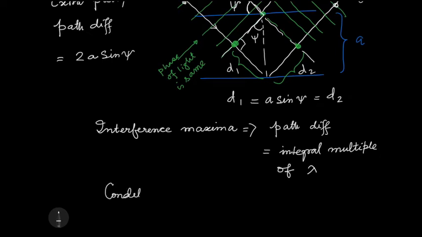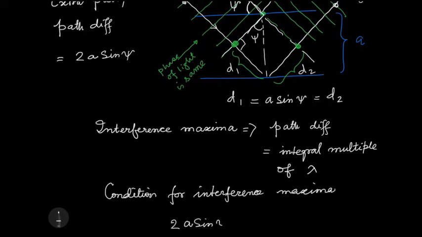So the condition for interference maxima is 2a sine phi equals n lambda.